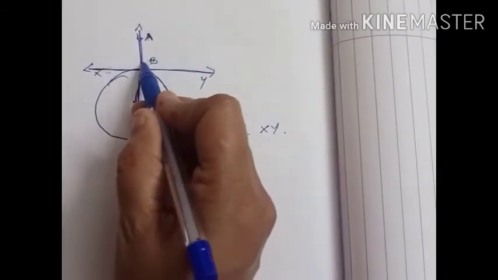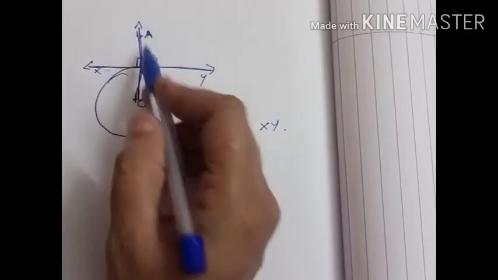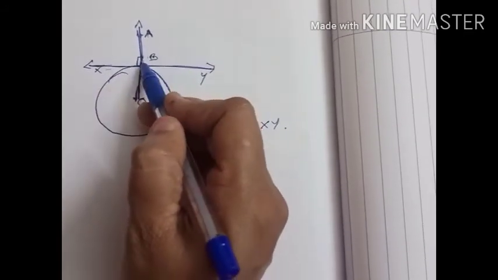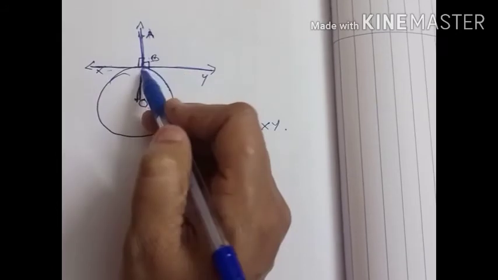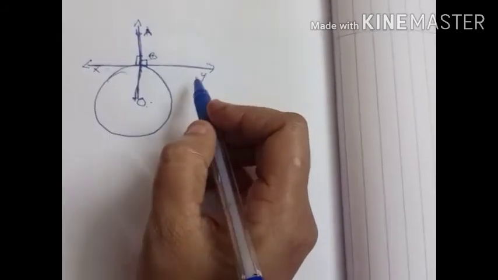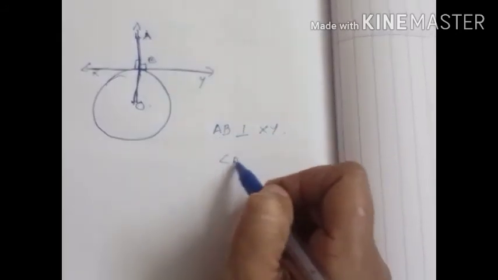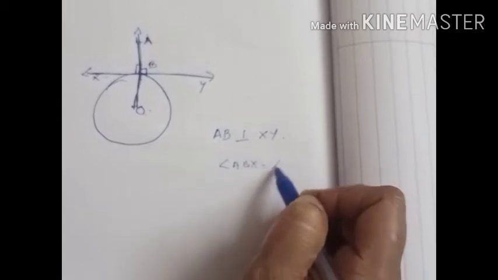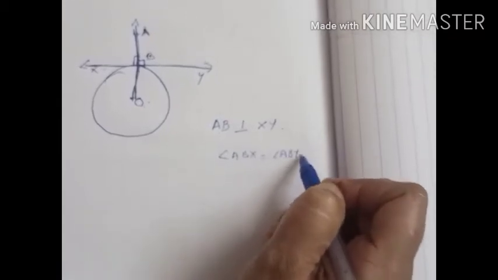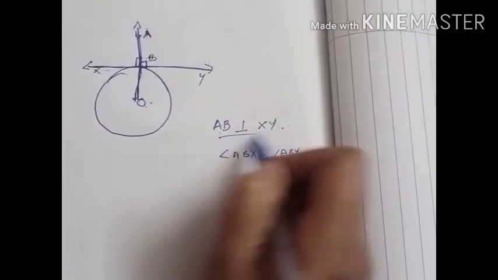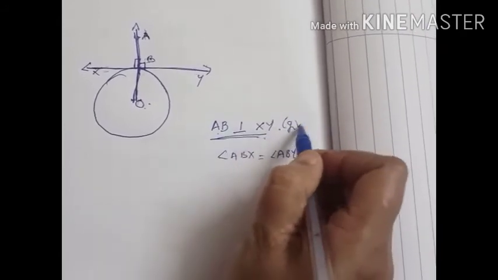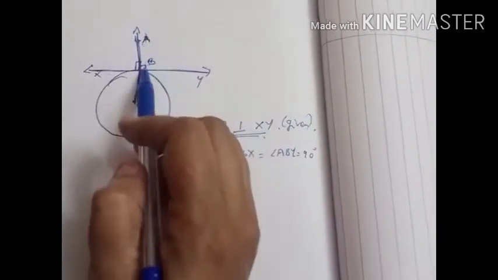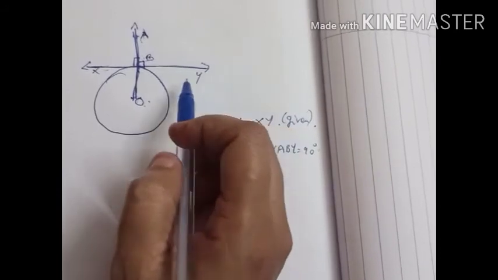So we know that angle ABX equals angle ABY equals 90 degrees, because it is given that AB is perpendicular to XY. That means this line is perpendicular to the tangent.